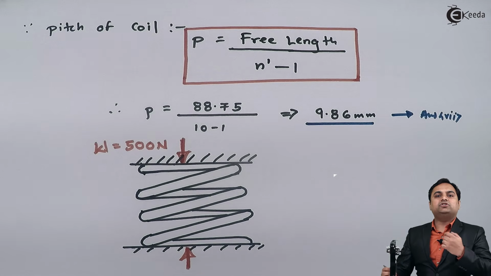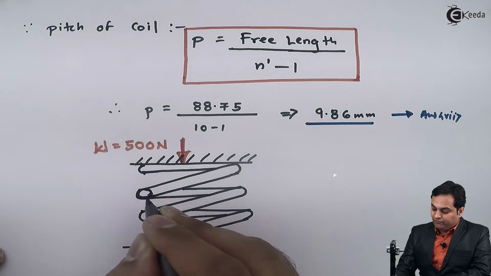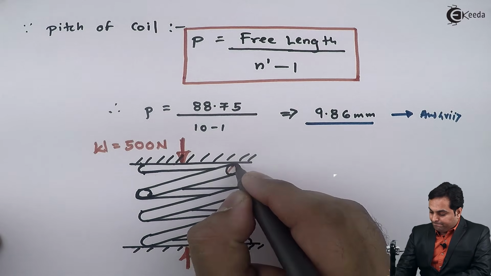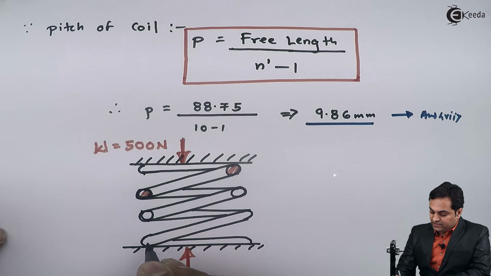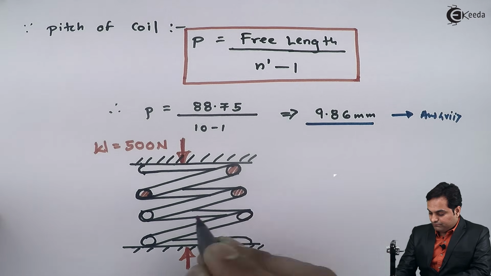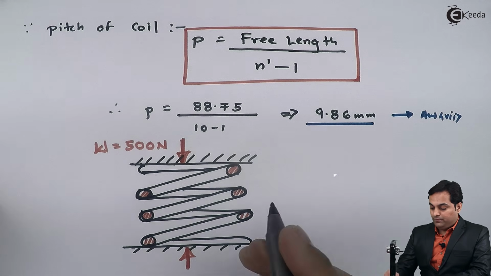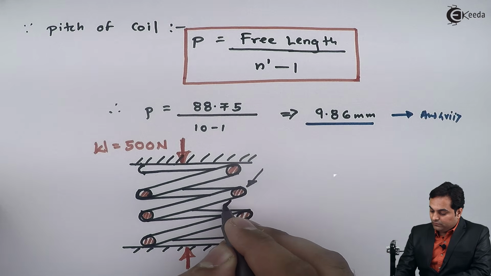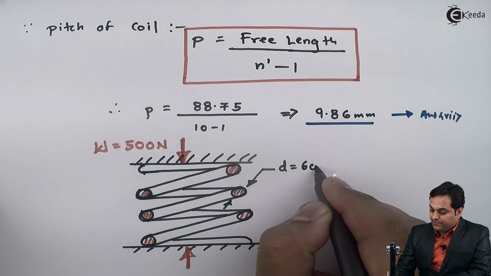The first thing which we found out was the wire diameter. Wire diameter is the small diameter with the help of which the spring is made. These are the wire diameters. So in this problem we have got the wire diameter as small d equal to 6 mm.